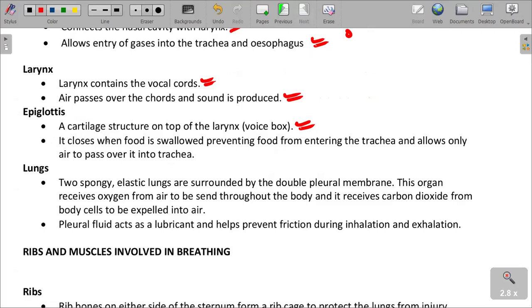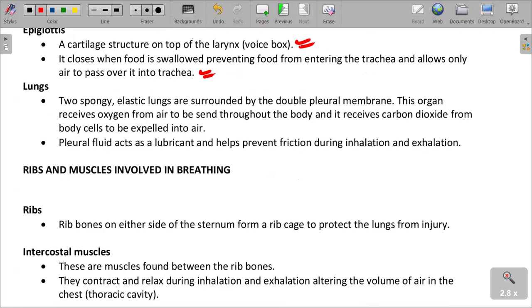It closes when food is swallowed, preventing food from entering the trachea and allowing only air to pass into the trachea. So it is a suitability that prevents choking and also ensures effective gaseous exchange by allowing only air to pass into the trachea.